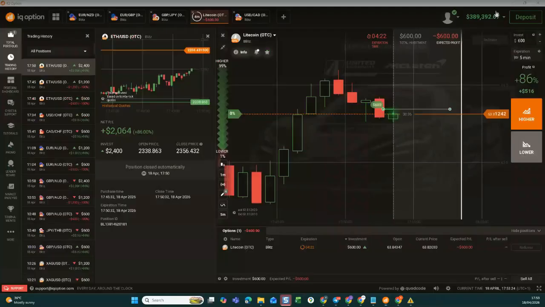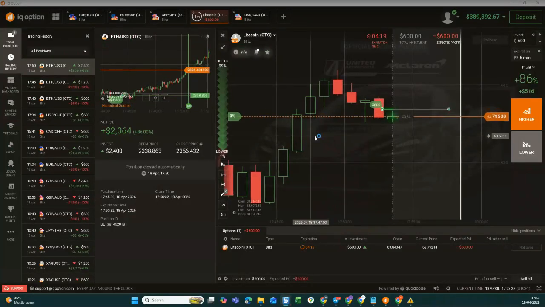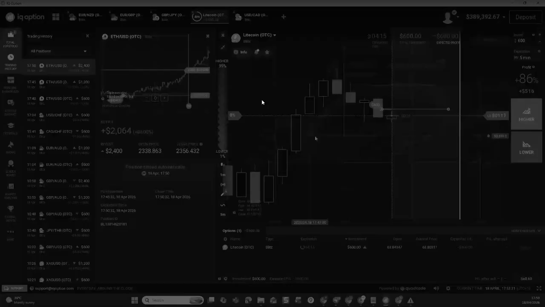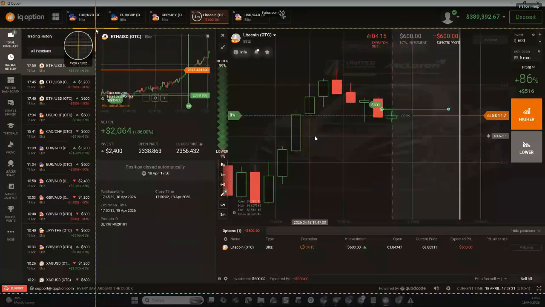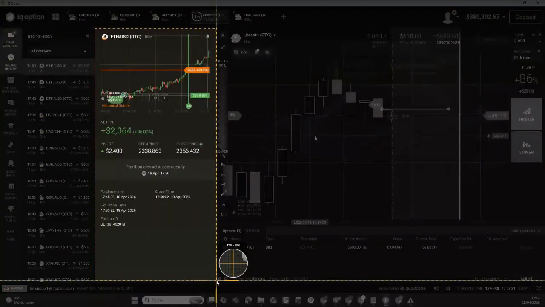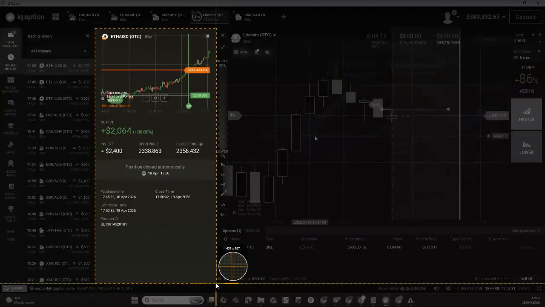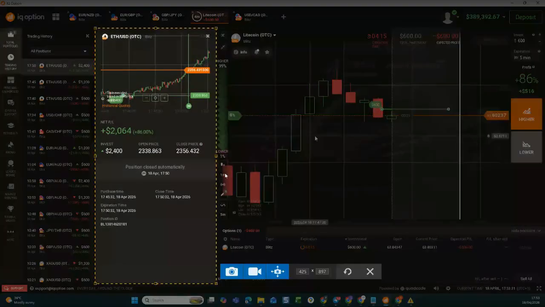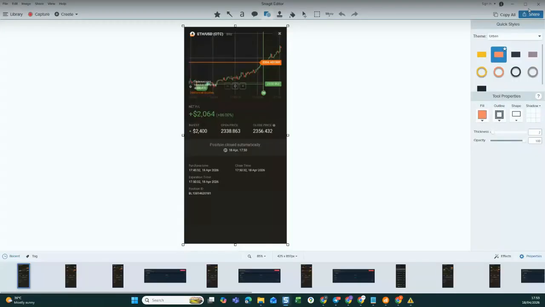So everything on this one is about $164 made on the second signal, which is the Ethereum, was $264.